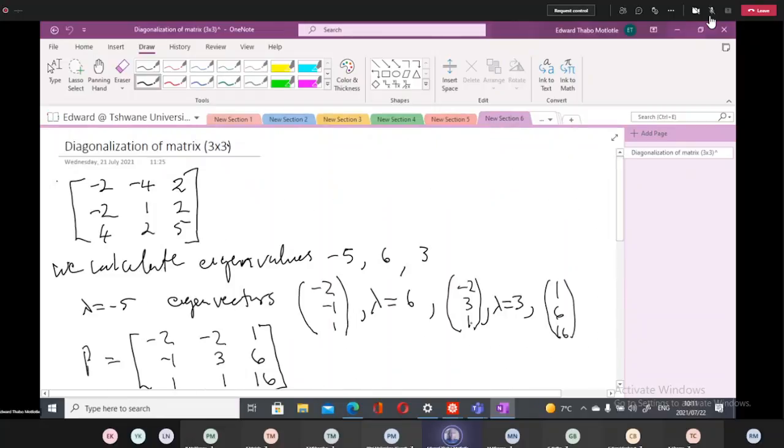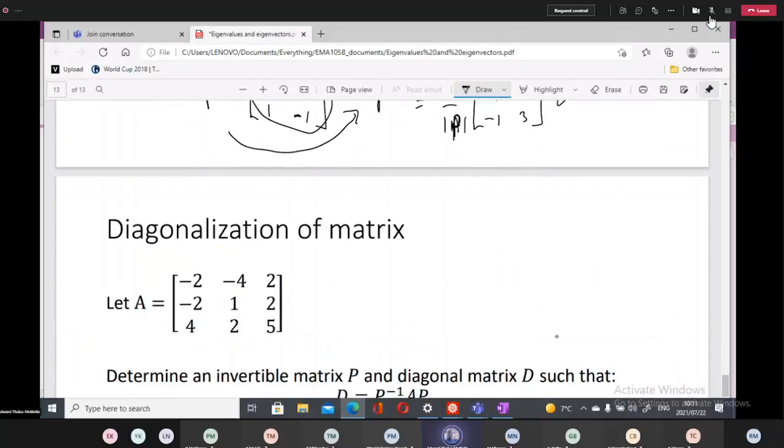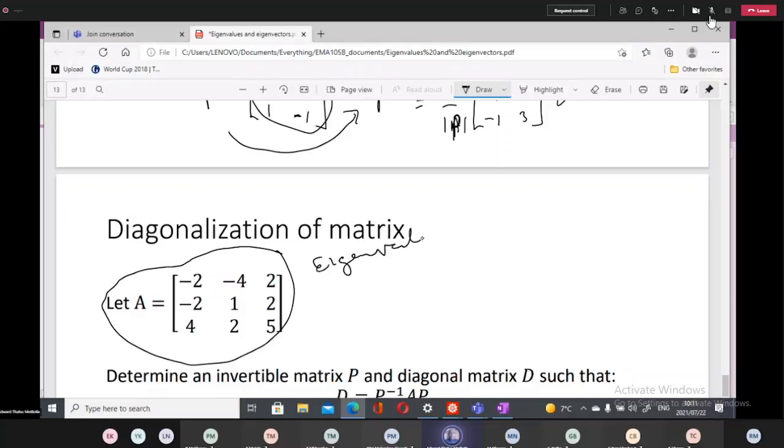Now, if you go to our notes, immediately after this, we have the matrix that we determined the eigenvalues for. Now they say we must diagonalize this matrix. To diagonalize it, I'm going to follow the process that I have done here.